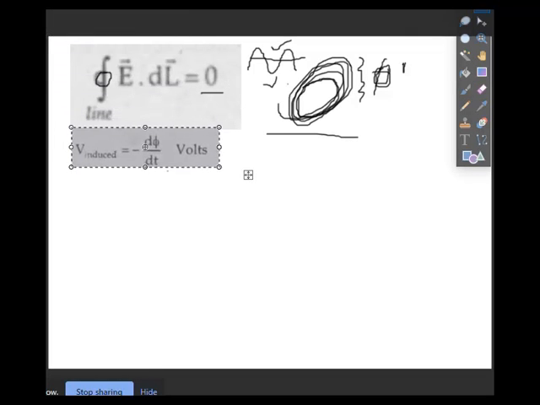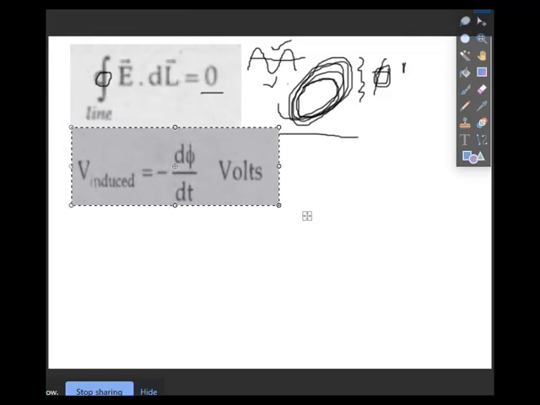The negative sign indicates that the induced EMF will have a direction opposite to that of the flux. It is because this flux is also produced by a voltage, so the induced voltage will have a direction opposite to that of the source voltage or source flux. This is Faraday's law of induction.